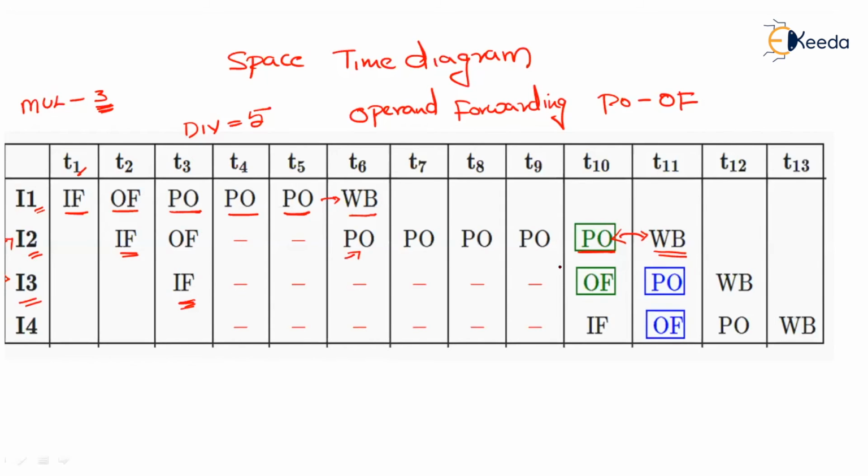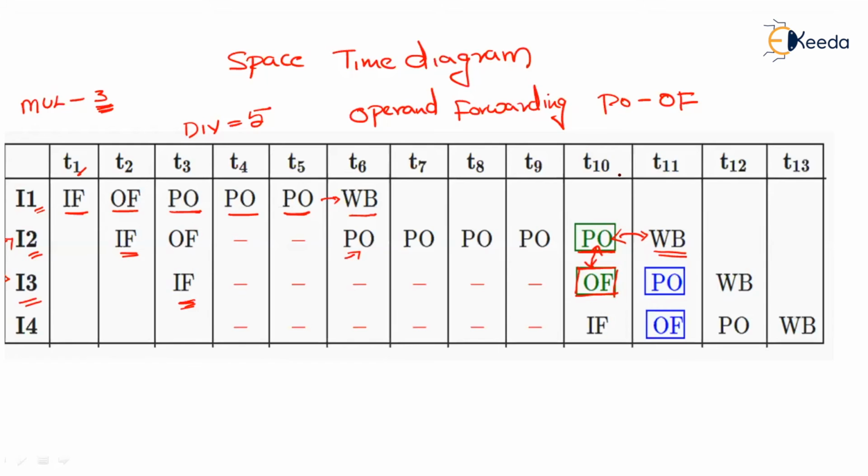So at the final clock cycle of the perform the operation stage for I2, the operand will be produced and forwarded to the OF stage of I3. So I3 is going to fetch the operand directly from the perform the operation stage of I2. So the operand fetch stage for I3 will be in the 10th clock cycle.